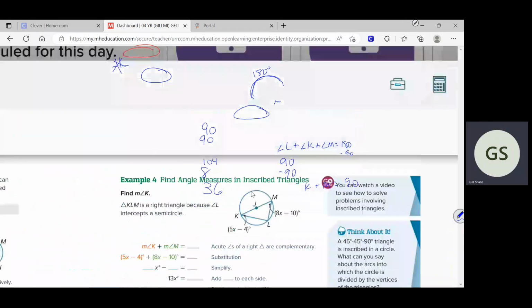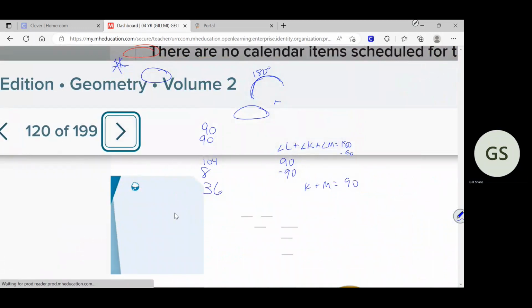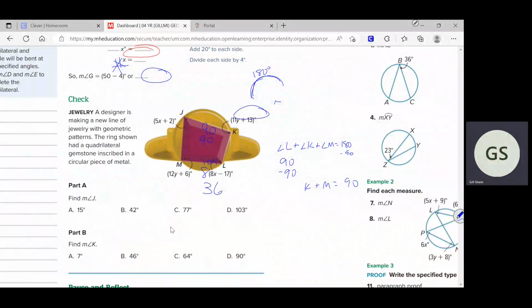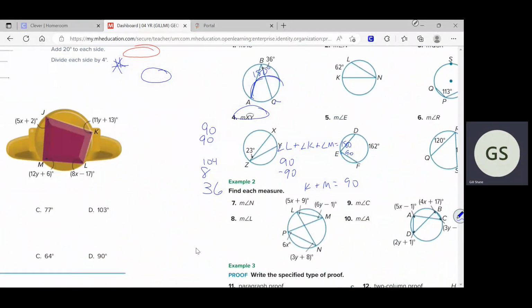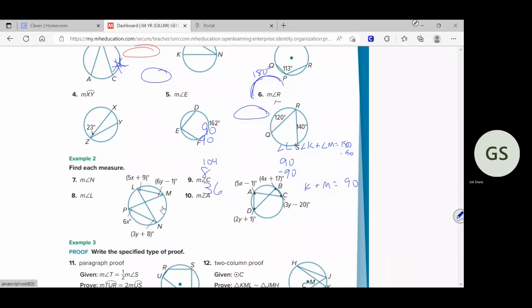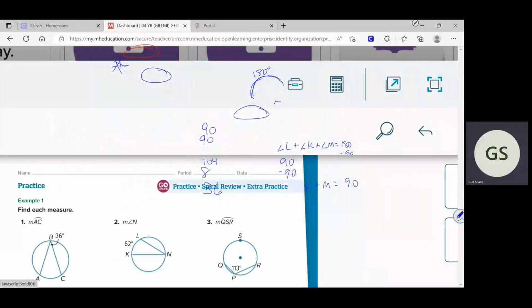219. Girl, this is long. 219, 220. 1 through 10 on, what is that, 220? 221.